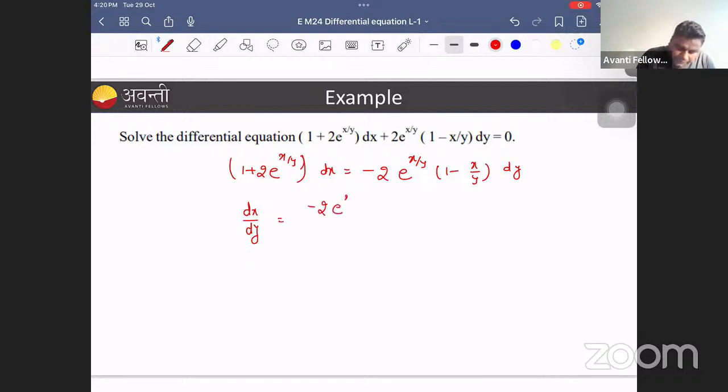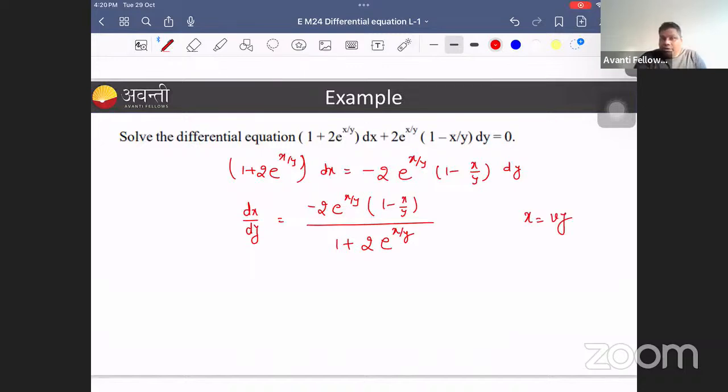Minus 2e^(x/y)(1 - x/y) upon 1 + 2e^(x/y). Now replace x = vy. See very carefully. So dx/dy is v + y dv/dy.